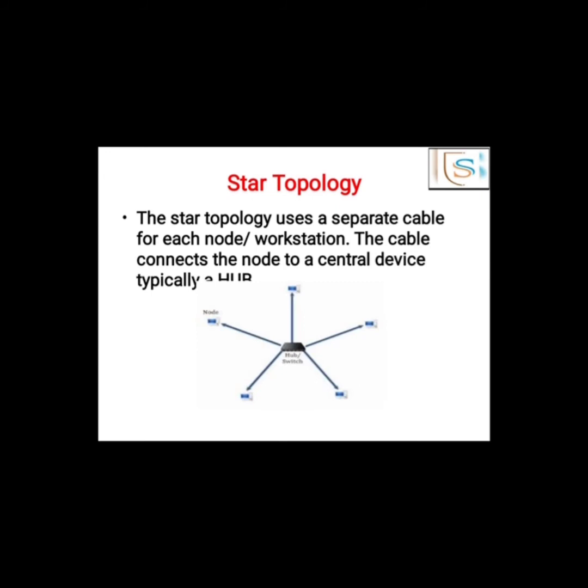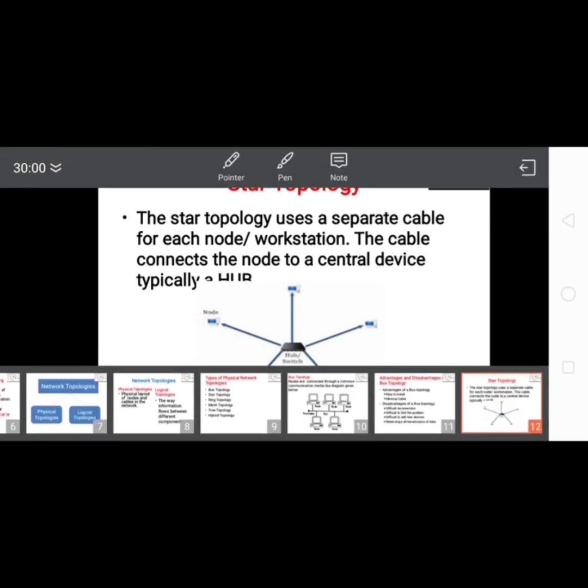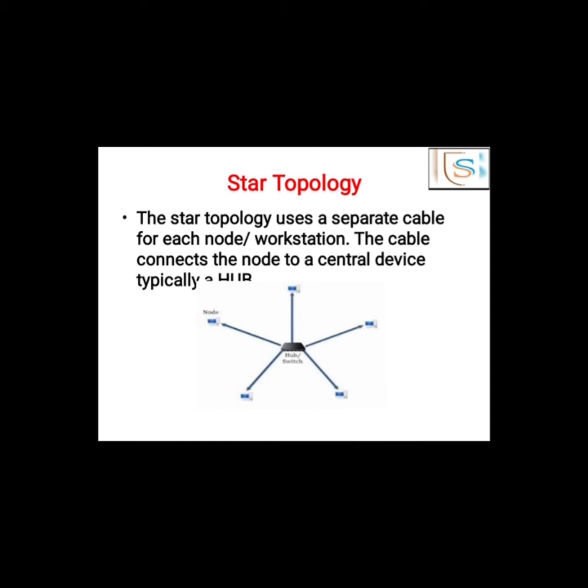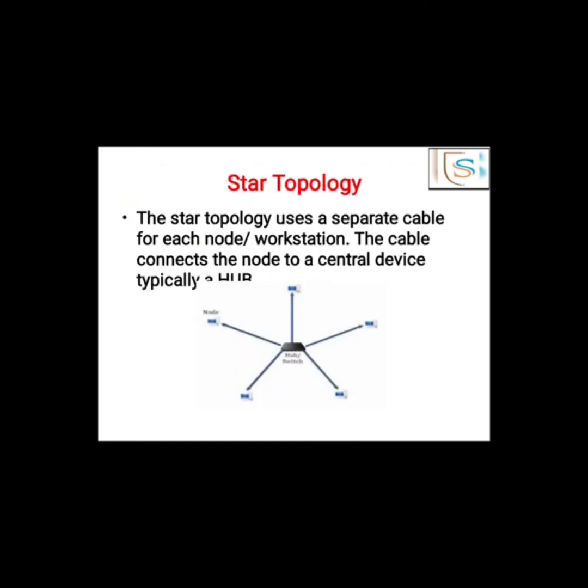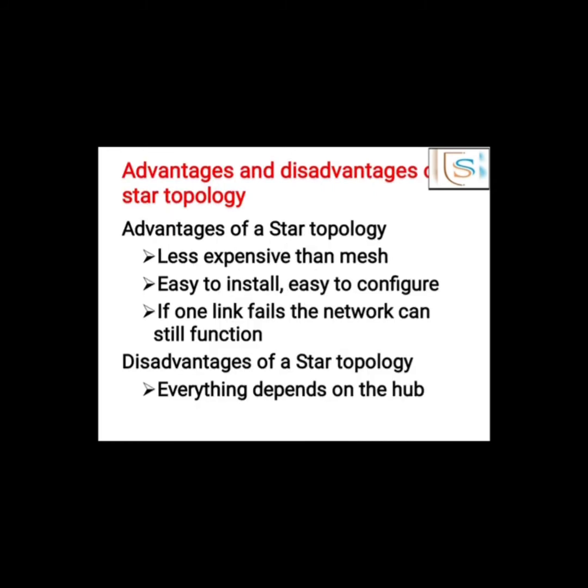Here in the star topology, the main working part is the hub, and all other computers are connected to this particular device. We can have many kinds of hub, like active hub, intelligent hub, and passive hub also.